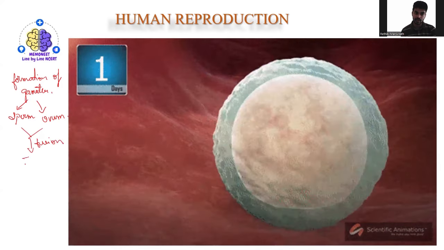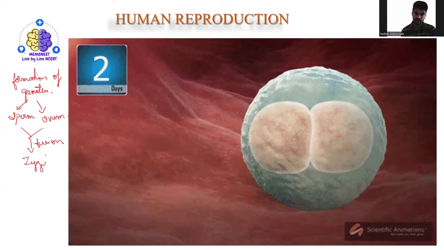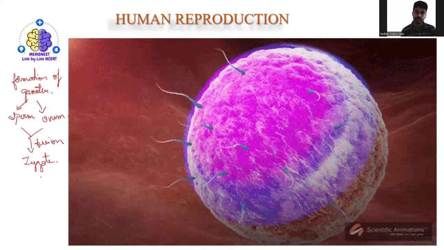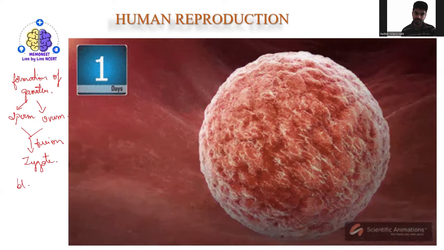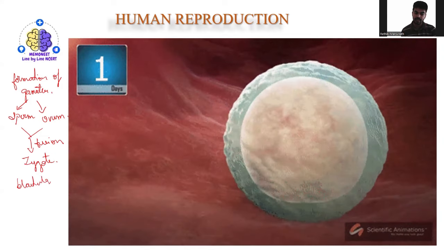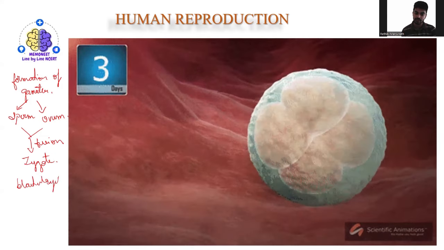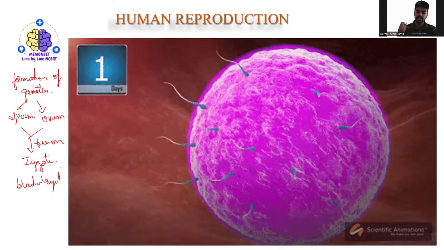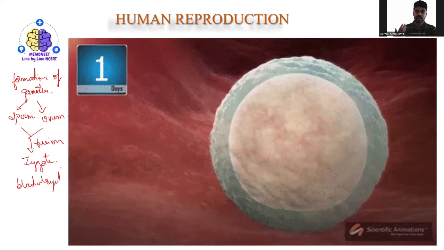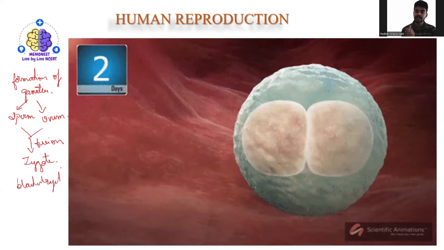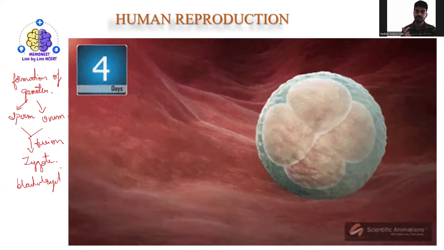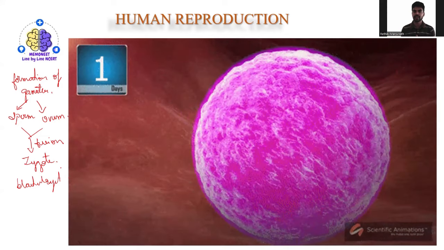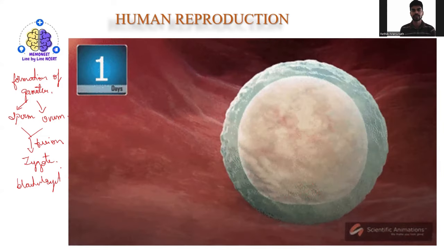Fertilization leads to the formation of the zygote, right? The zygote leads to blastulation, that is blastocyst formation, and it gets attached to the uterine wall, and that is called implantation. Then the gestation period happens, and finally parturition, that is the delivery of the baby. All these events together we normally call reproduction.